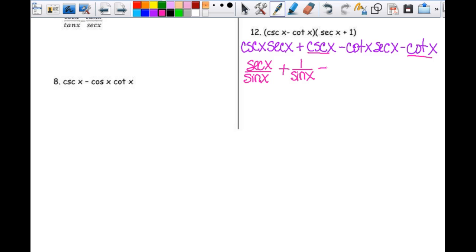Cosine over sine. So this is going to be cosine x secant x over sine of x minus cotangent is what? Cosine x over sine x. Okay, so let all that sink in for a second. Make sure you agree where everything came from. Everybody okay with that?